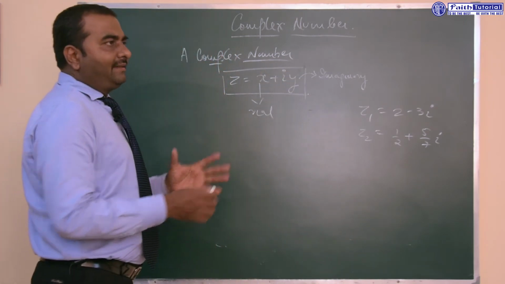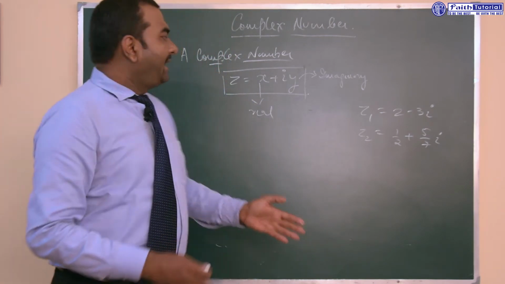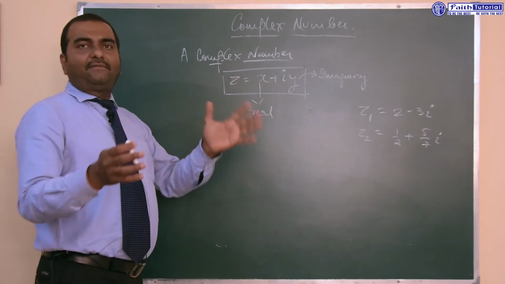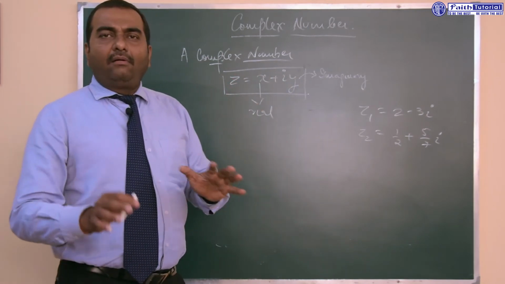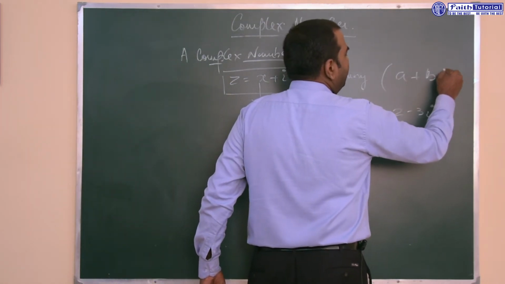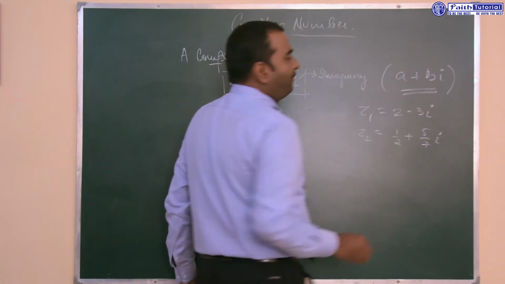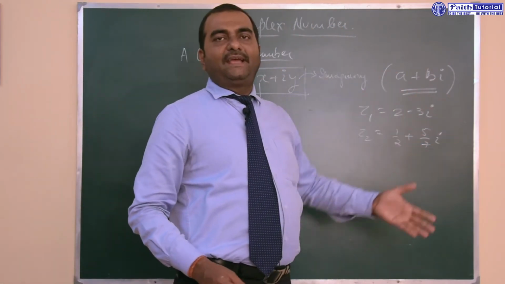Now at the beginning stage, a student has to be totally aware of how we convert a given complex number into the form x plus iy. In some books it is also followed as a plus bi form. So nothing to be confused about, it can be either x plus iy form or a plus bi form.